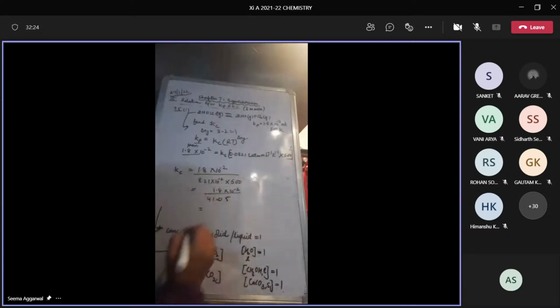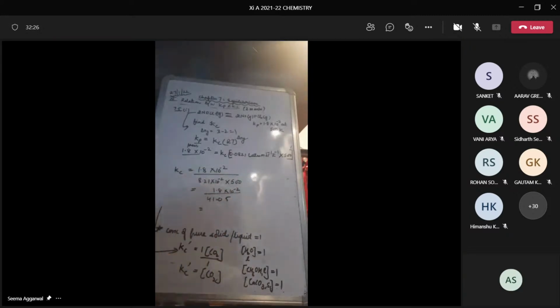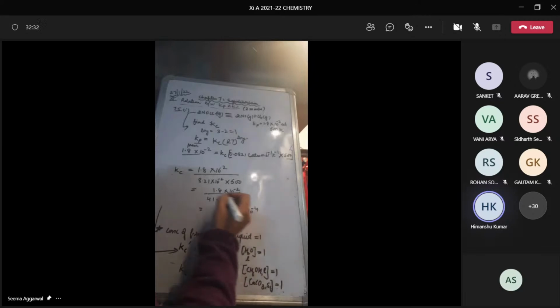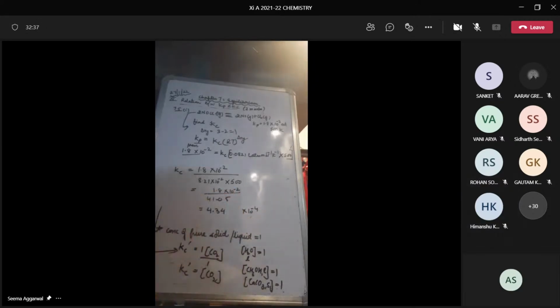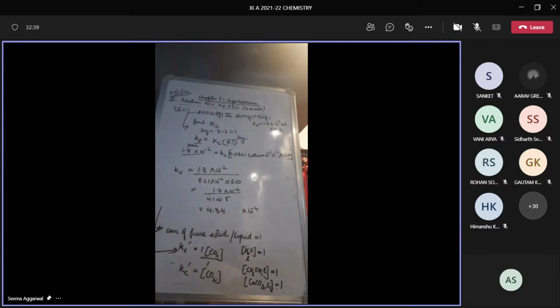Now can you solve it? मैम 4.34 into 10 to the power minus 4. ठीक है, 4.34 into 10 की power minus 4. So this will be my value of Kc.